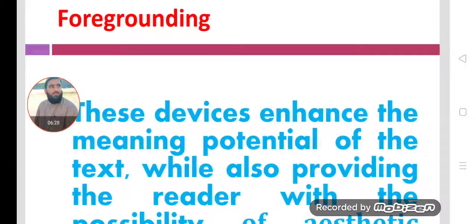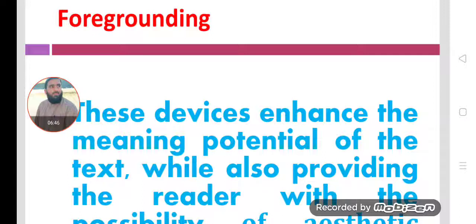Poets use the foregrounding technique for poetic effects on the readers, for the beautification and clarification of language. Sometimes they break the rules of grammar to bring poetic effects into their writing.